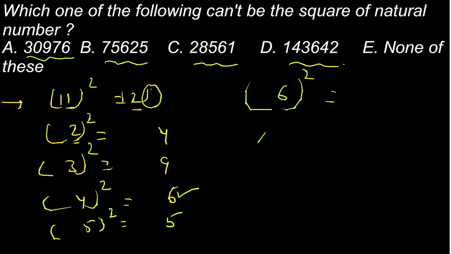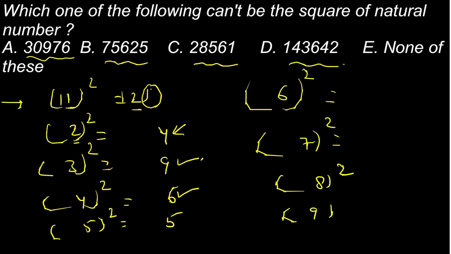Any number ending on 7, the square will end on 9. Any number ending on 8, the square will end on 4. Any number ending on 9, the square will end on 1. Any number ending with 0 ends on 0. So you got these numbers.